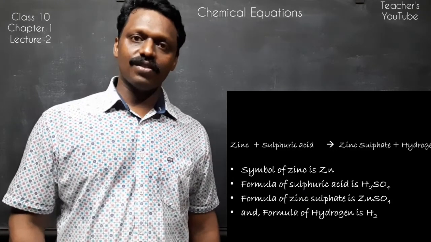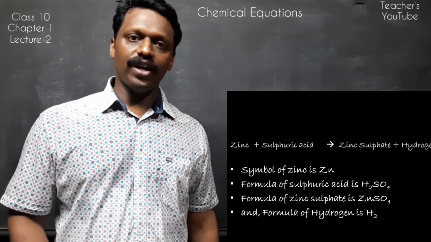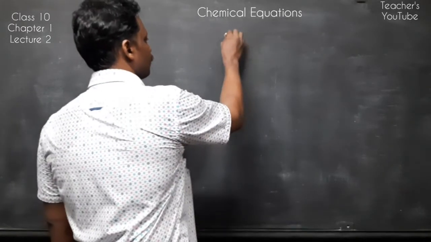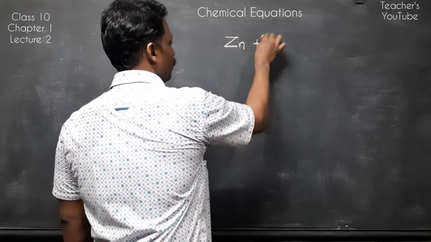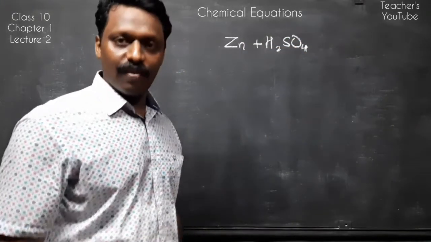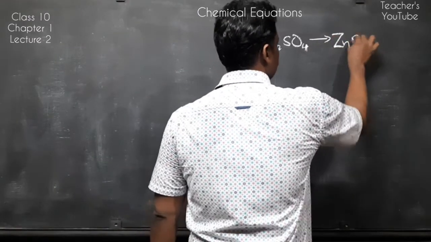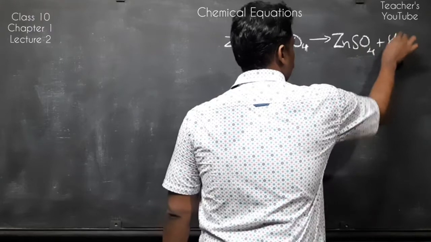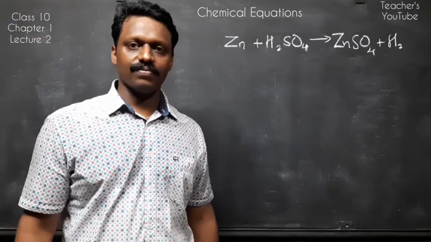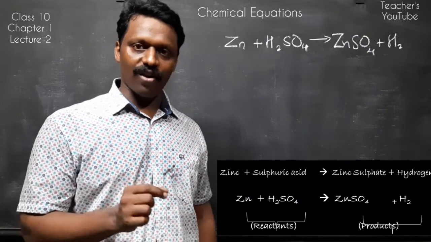So putting the symbols and formulae of all the substances in the above word equation, we get Zn plus H2SO4 gives ZnSO4 and H2. The substances which combine or react are known as reactants.